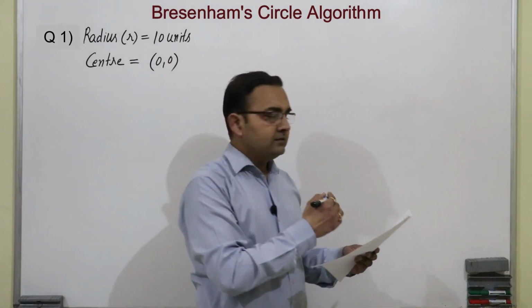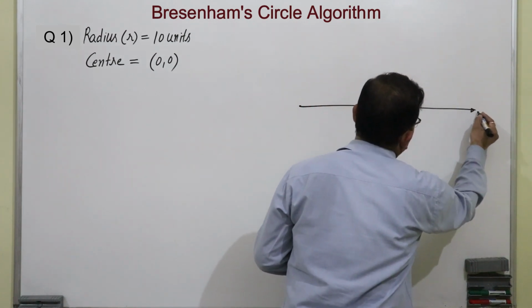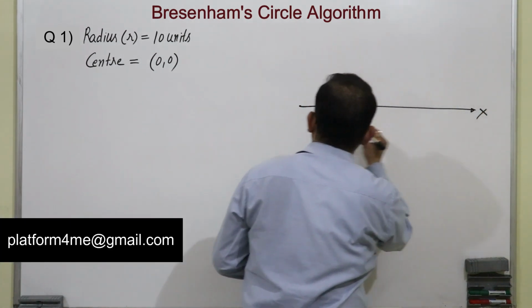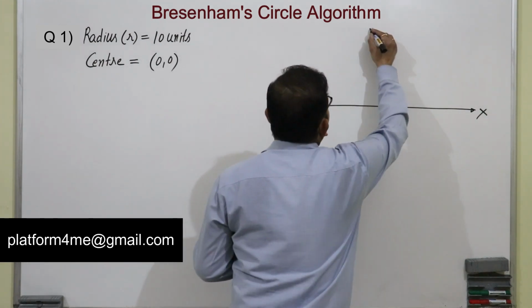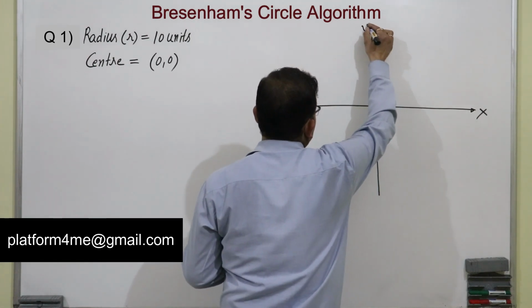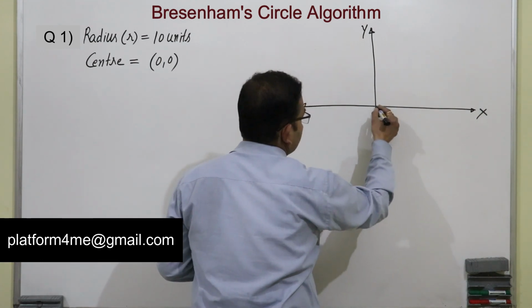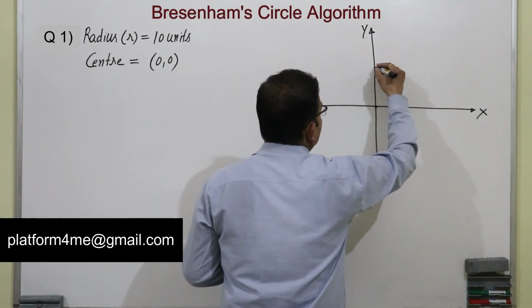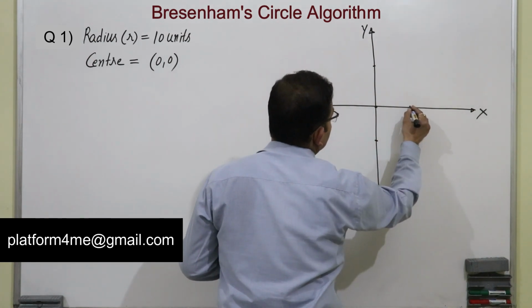Now, we will plot here. This is the x axis, this is the y axis, it is the center of the circle and we will draw a circle.